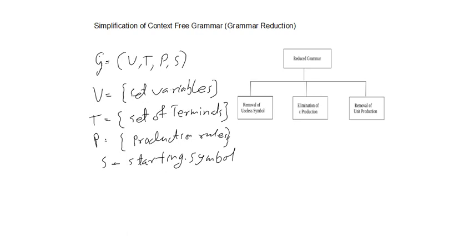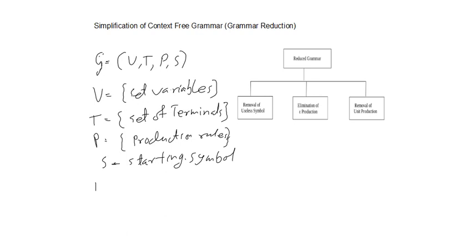First we'll see what a useless symbol is. Before explaining useless symbols, we should know what a useful symbol is. To know that, we should know the use of the grammar and its productions.